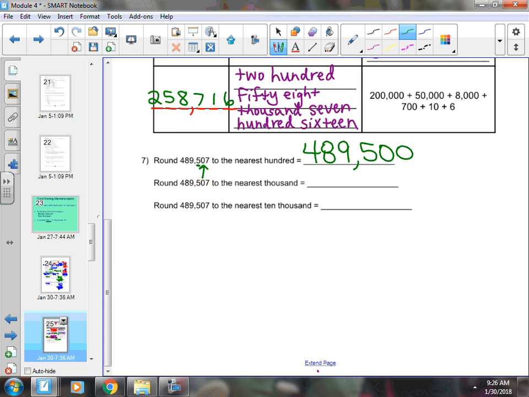The second one, it's the same number, but this time we're rounding it to the nearest 1,000. So I'm going to underline the thousands place, and I'm going to look at what comes after. And it's a 5. A 5 tells us to round up. So I'm going to bump that 9 up to a 10, which bumps the 8 up to a 9.